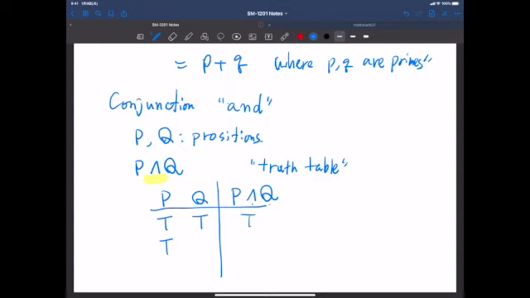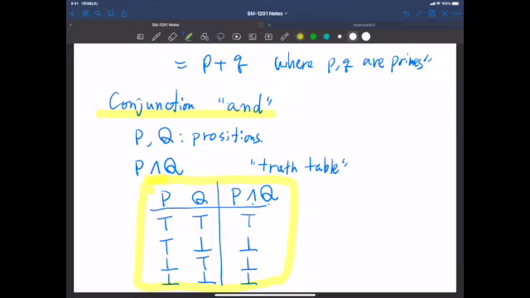When P is true and Q is false, then P and Q is defined to be false. When P is false and Q is true, P and Q is defined to be false. When P is false and Q is false, then P and Q is defined to be false. This table is the definition of conjunction, or the logical AND operator.